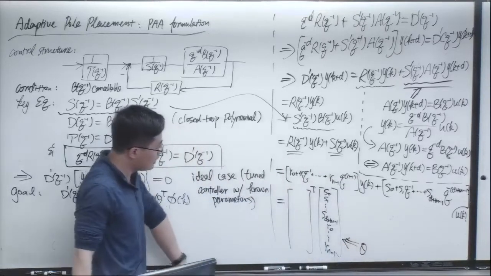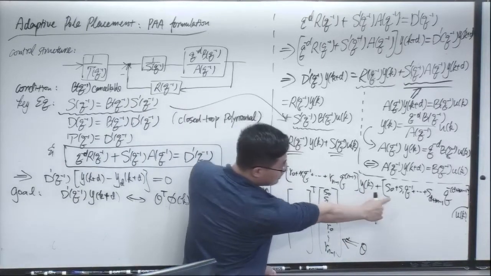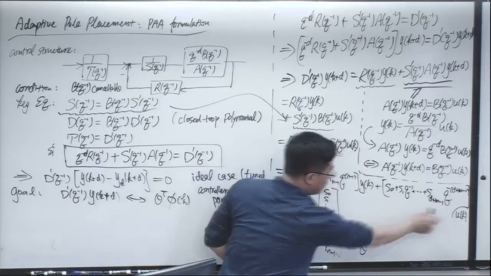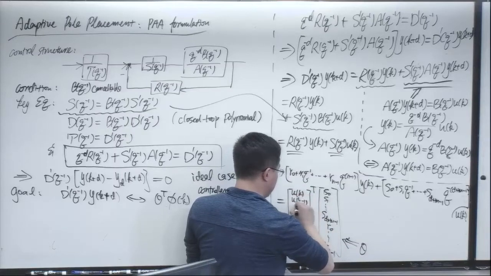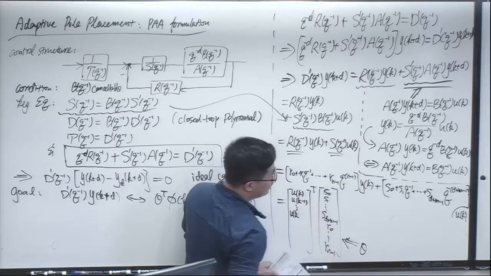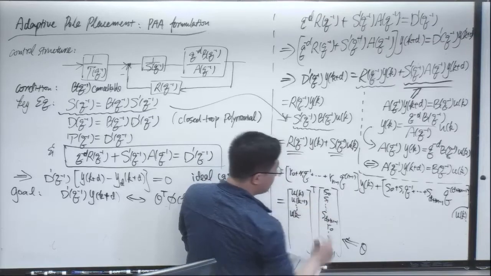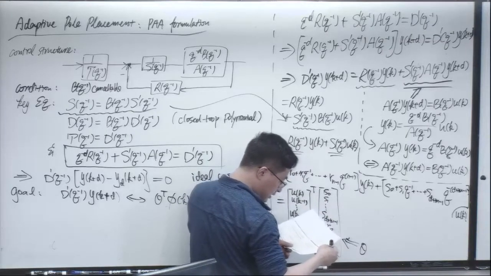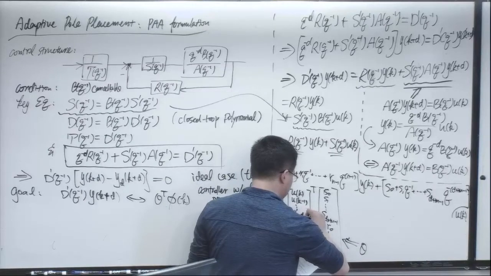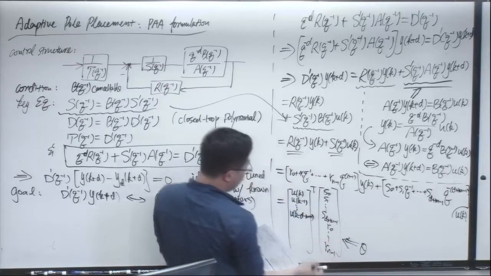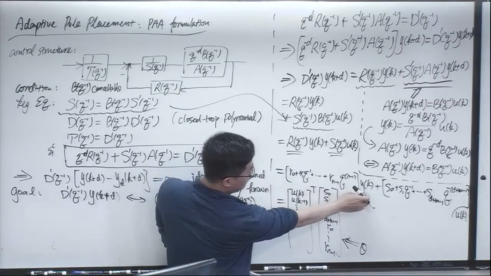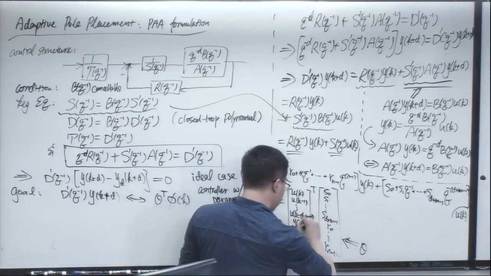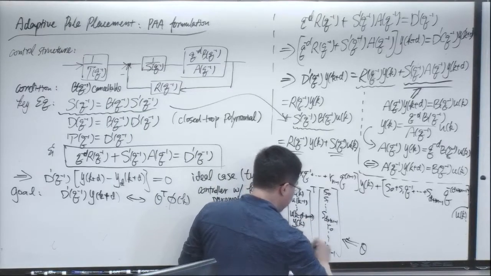And the data vector, the regressor vector, is going to be S0 times UK, so this is UK, UK minus 1, all the way to UK minus D minus M plus 1. And then the coefficients R0 is operating on YK, and then all the way to YK minus N plus 1.